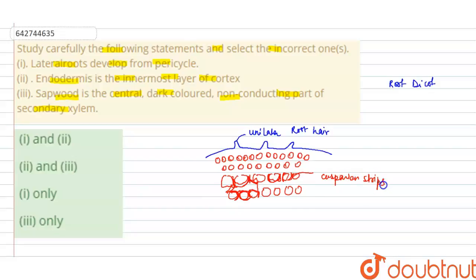A certain few cells of the endodermis have thick-walled parenchyma, and they form a layer which is known as the pericycle. Later, during the secondary growth of the root, this pericycle gives rise to the lateral roots.